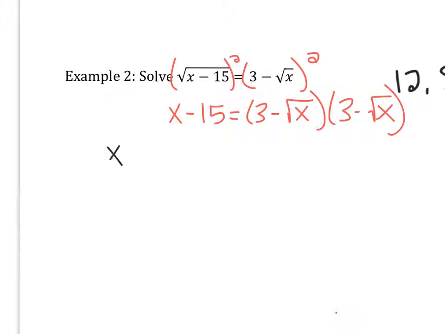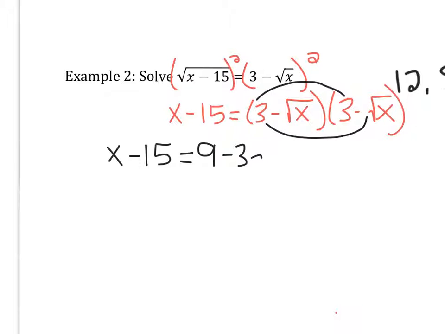So we'll have x minus 15 equals 3 times 3, which is 9, negative 3 square root of x, negative 3 square root of x, and negative square root of x times negative square root of x is positive x. Remember, when we multiply a radical by itself, the radical will go away.